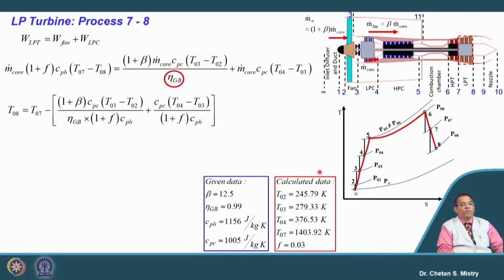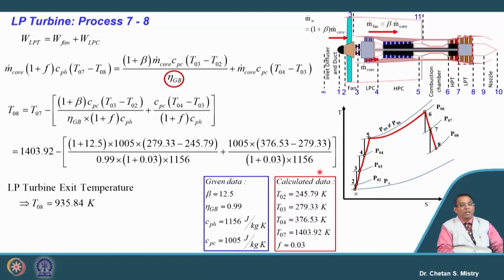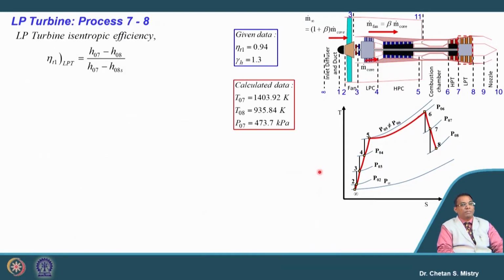So, if we are solving this, then we will be able to calculate the exit temperature from the LP turbine, and this is coming to be 935.84 Kelvin. Similarly, we can do our calculation for the pressure at the exit of LP turbine, since we have information about LP turbine efficiency.